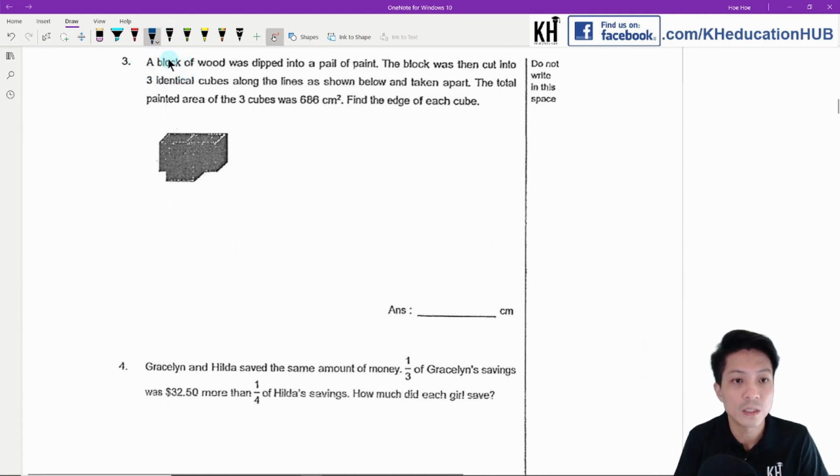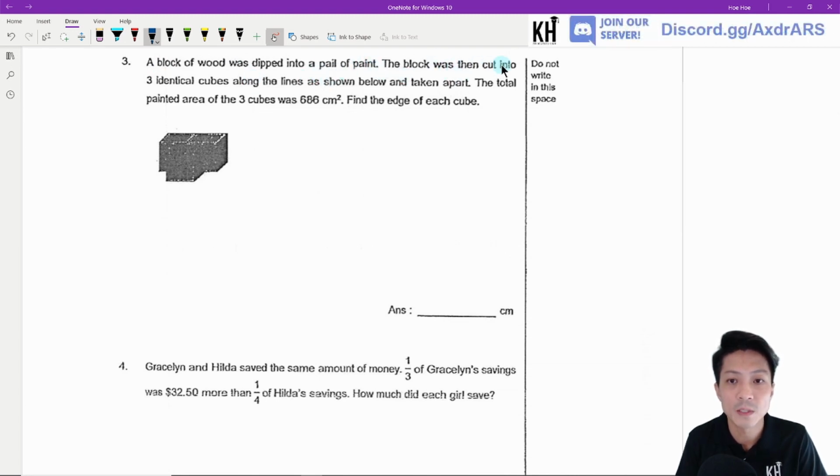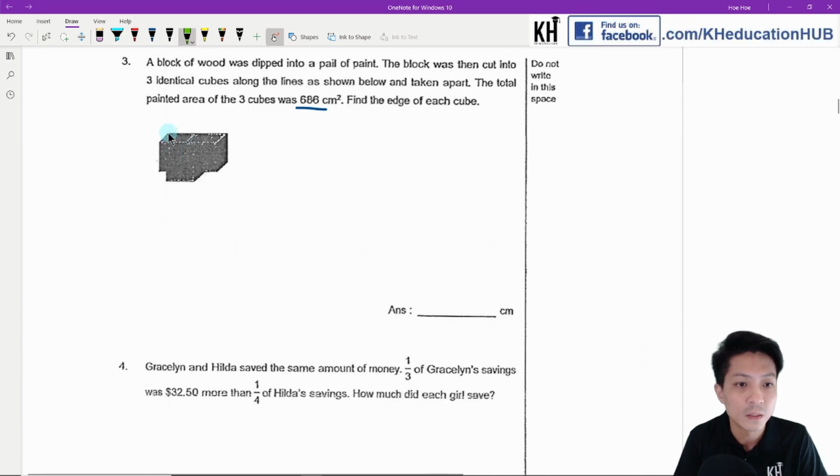Okay, question 3. A block of wood was dipped into a pail of paint. The block was then cut into 3 identical cubes along the lines as shown below and taken apart. The total painted area of the 3 cubes is 686 square cm. Find the edge of each cube. The diagram is not very clear, but let me try to add some lines into it.